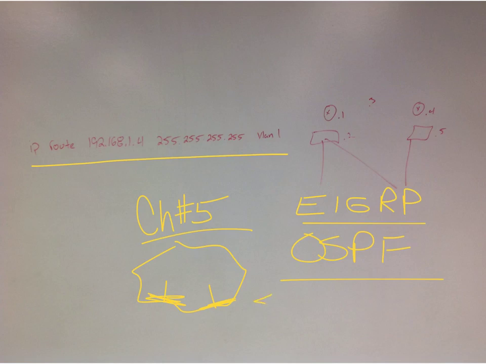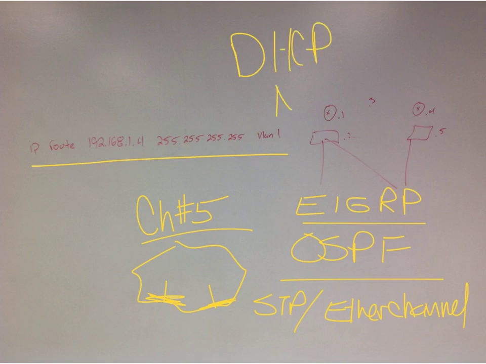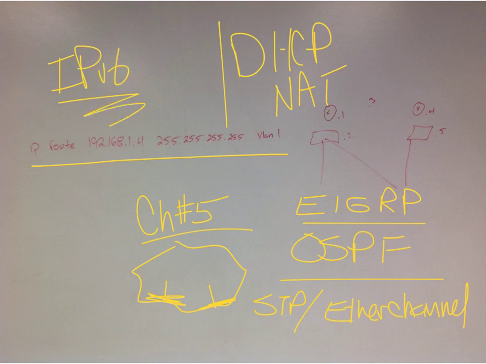So we can keep reviewing spanning tree protocol, EtherChannel, and we keep reviewing DHCP, NAT, and also we'll tie with this, we'll do some extra work that would help us do IP version 6. Alright, that's it.